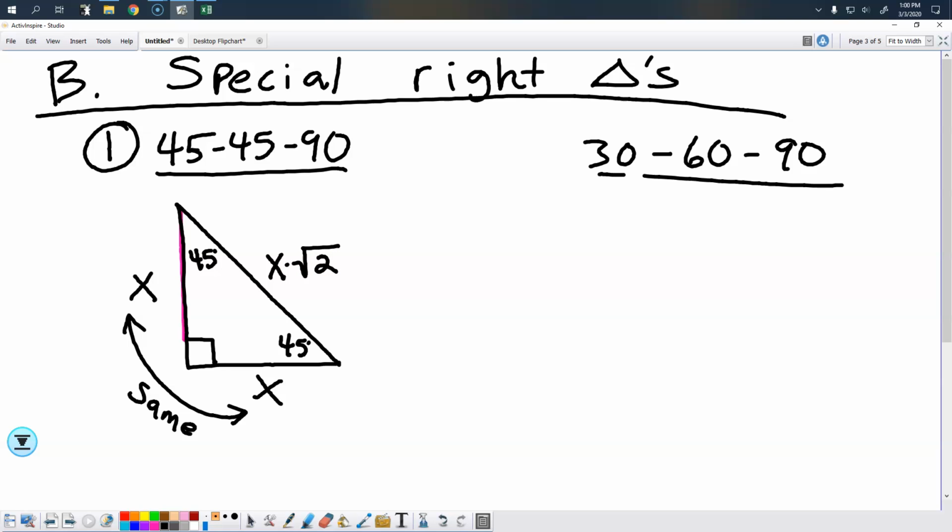So, on a 45, 45, 90 right triangle, whatever the legs are, the hypotenuse is the same thing multiplied by the square root of 2. Now, once again, I'm going to give you guys some arrows here. I want you to draw an arrow from the side to the hypotenuse, and I want you to put multiply by square root 2.